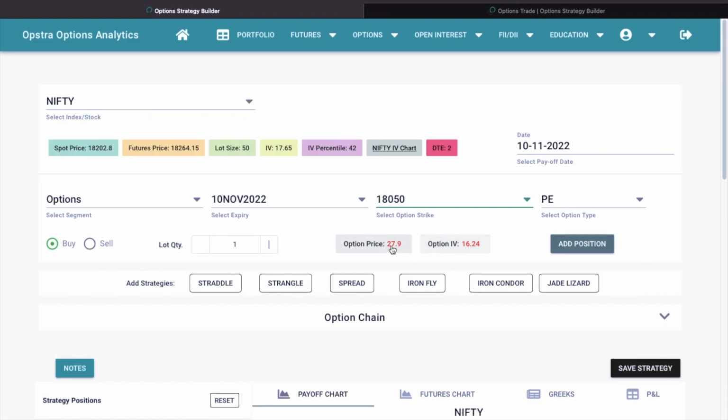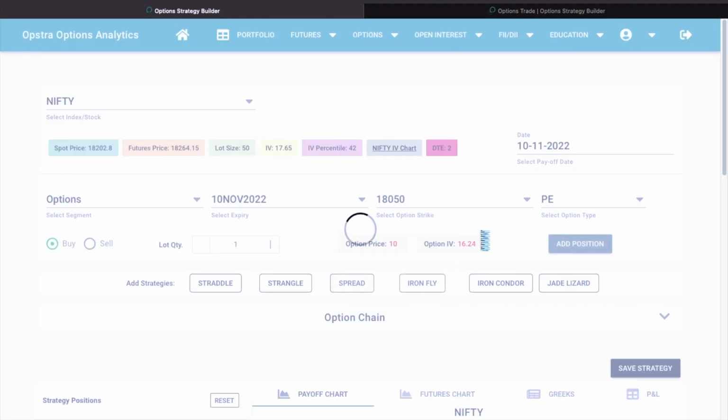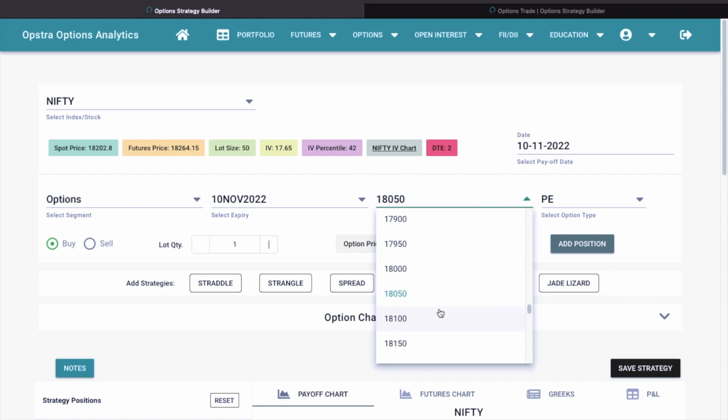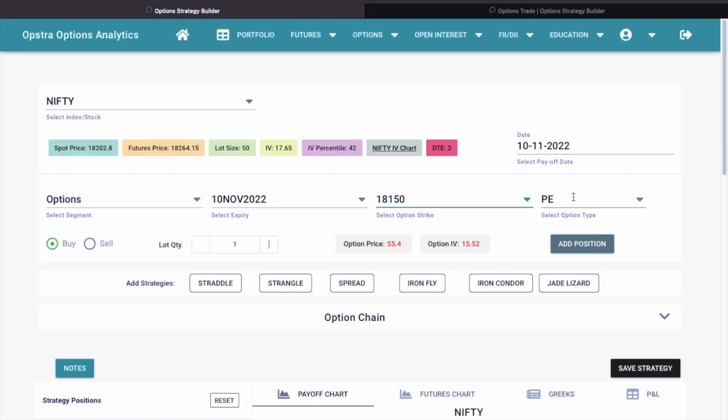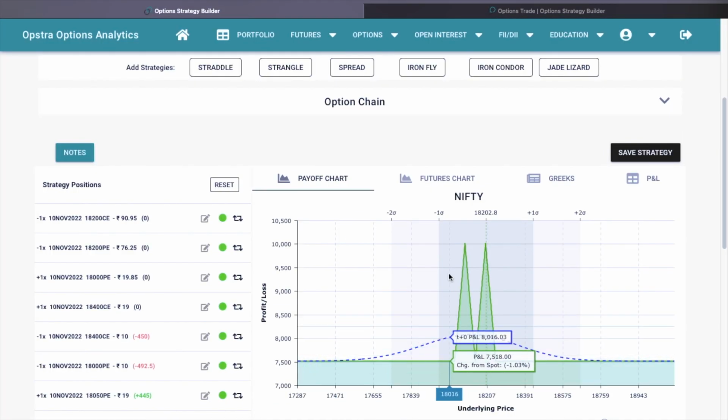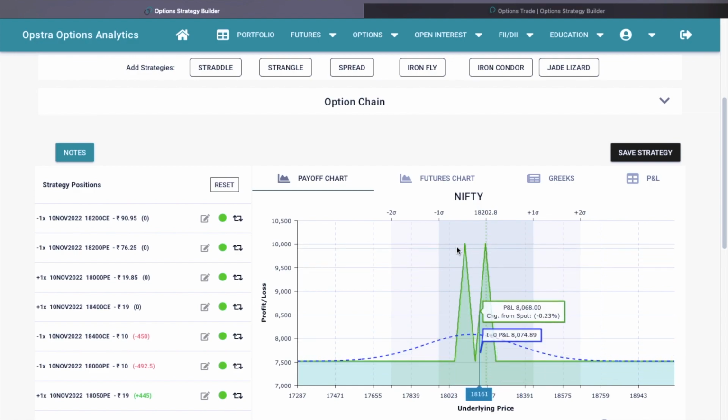The 18,050 put option, that would be around 10 rupees, and the 18,150 call option, that would be around 10 rupees. So as you can see, this is for two straddles. We have made a crown perfectly matching up to this.